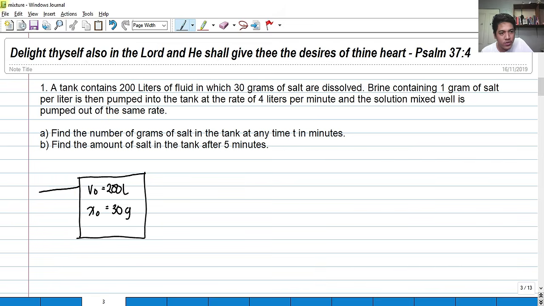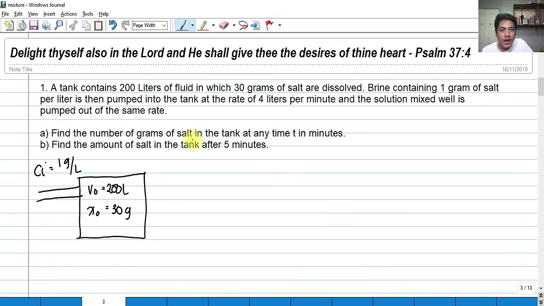So there is a solution coming inside the tank with 1 gram of salt per liter. That is our c sub i, the concentration coming inside the tank.